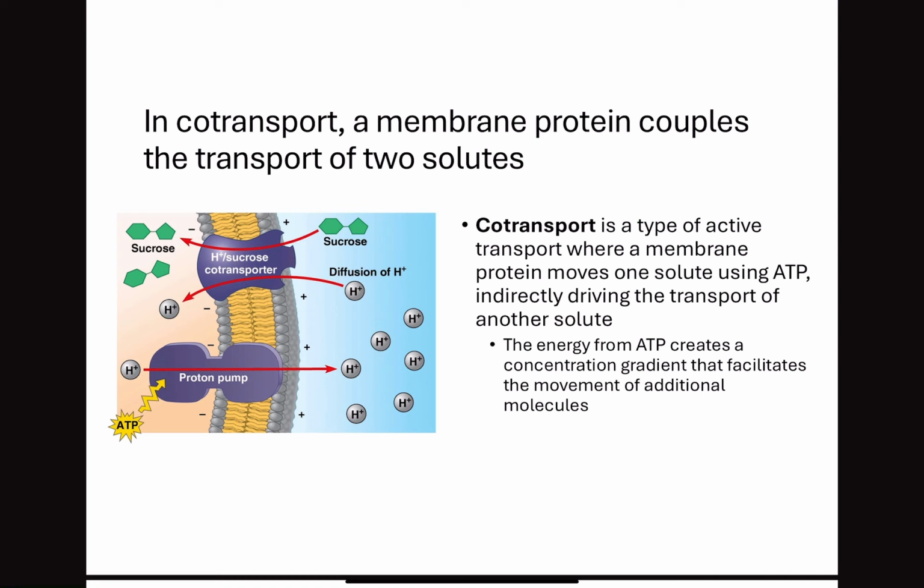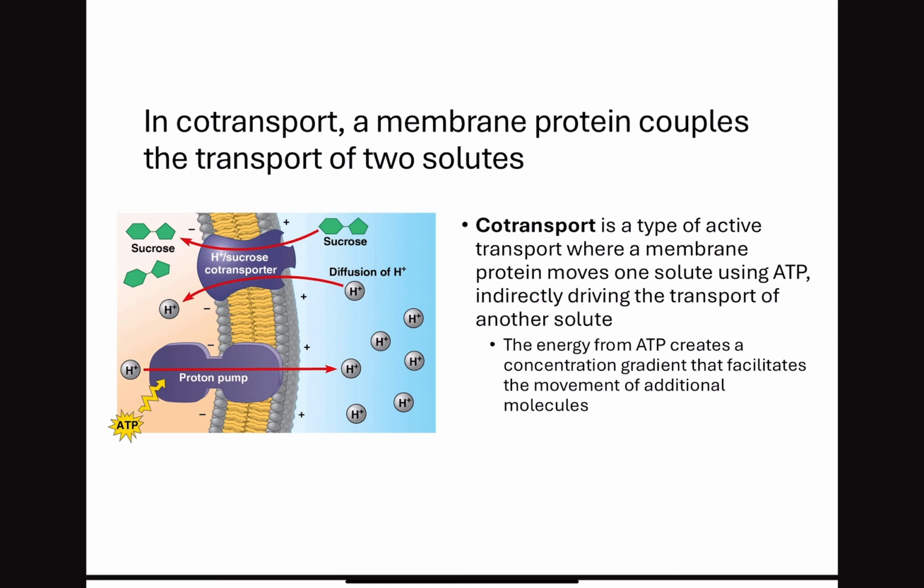Patients are given a drink that contains a high concentration of glucose and salt. Those solutes are taken up by co-transport proteins on the intestinal cell surface and pass through the cells into the blood. The resulting increase in solute concentration of the blood causes a flow of water from the intestine through the intestinal cells into the blood and rehydrates the patient.